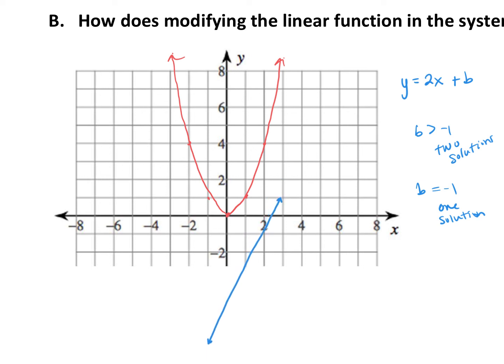So I keep moving that down and we are not gaining any intersection points. So when our b value is less than -1, there are no solutions because they do not intersect. So what we're showing here is that a system that has a linear function and a quadratic function could have at most two solutions, it could have one solution, or it could have no solutions.